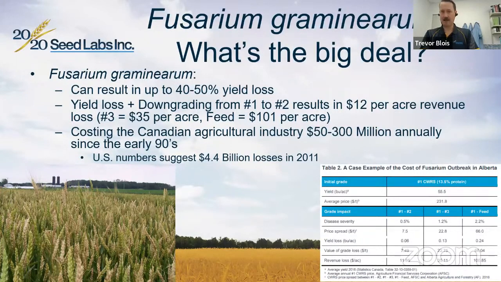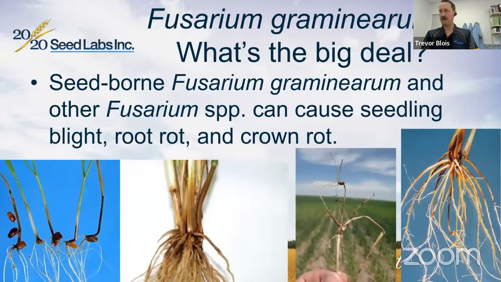And yeah, it costs a lot of money overall to the entire industry, 50 to 300 million annually since the 90s, and 4.4 billion losses in 2011 for the US. The seed-borne aspect of Fusarium graminearum, if you're looking at taking that infected seed and putting it in the ground, the biggest impact that you're going to be seeing are these sort of symptoms.